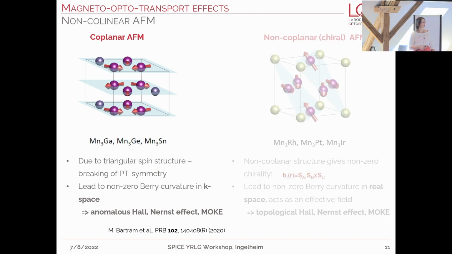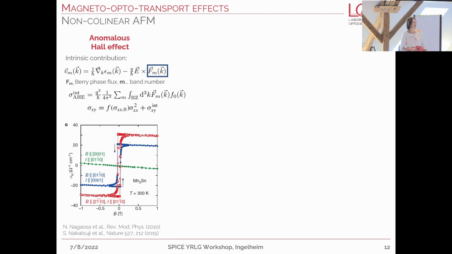This is the system where all the magnetic moments are basically lying in one plane. And due to the triangular structure, in certain symmetry groups, the PT symmetry is broken, and you can get a non-zero contribution to the Berry phase in k-space, and you get all these kinds of effects.